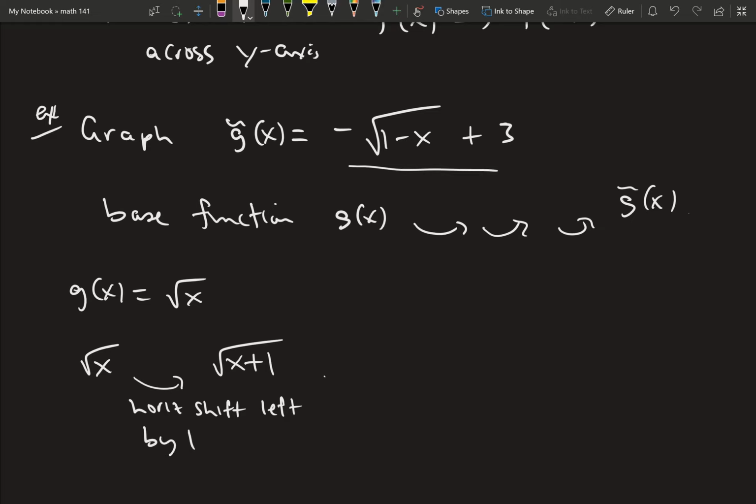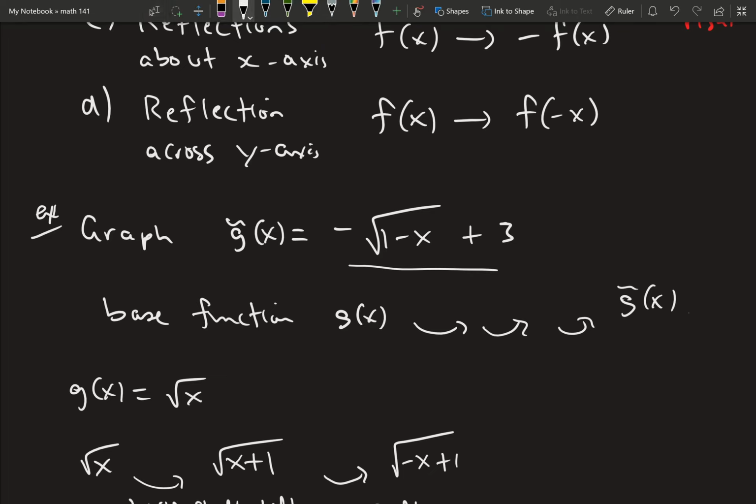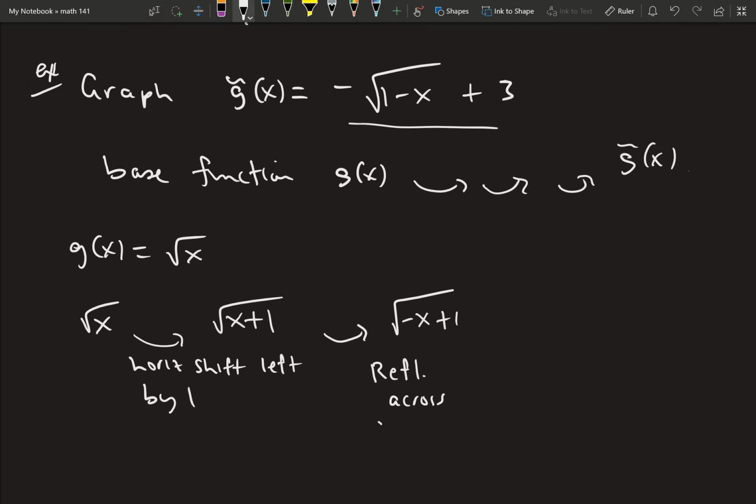Once I do that, now I can make x minus x. From here, the x became minus x, so this is a reflection across the y-axis. You can look back to your table if you want: if you replace x with minus x, it's a reflection across the y-axis. Then let's negate the whole thing. Negative x plus 1 is the same as 1 minus x.